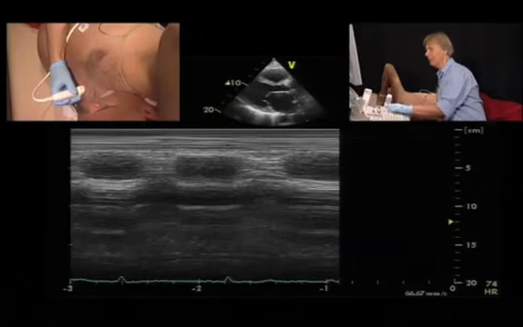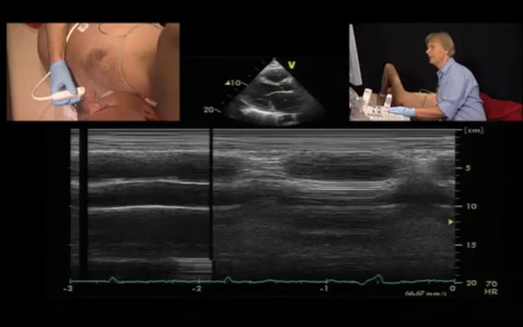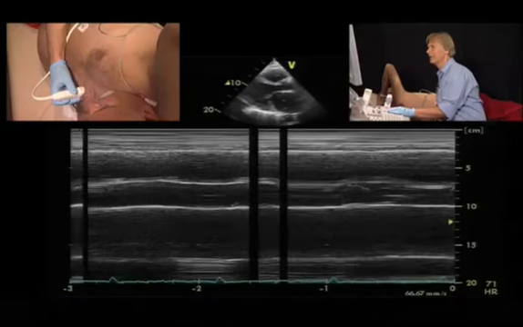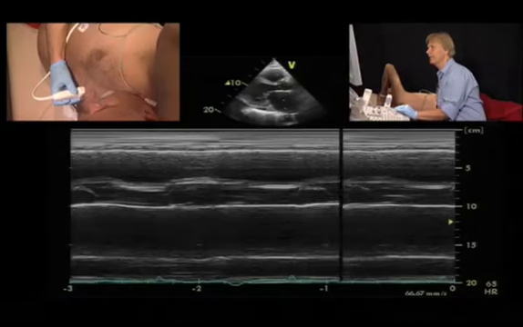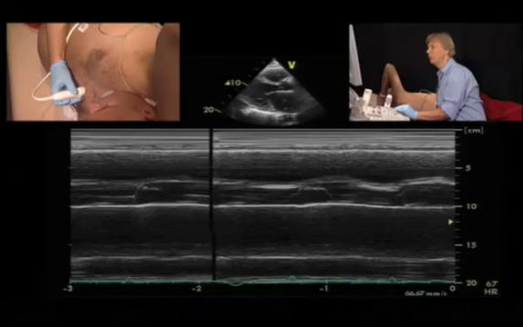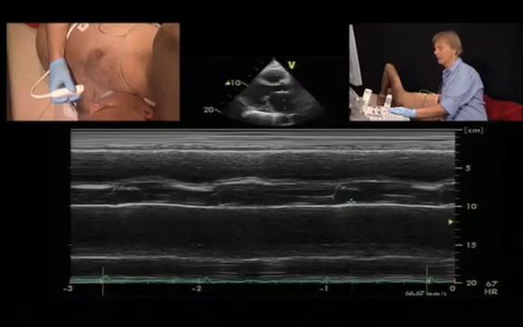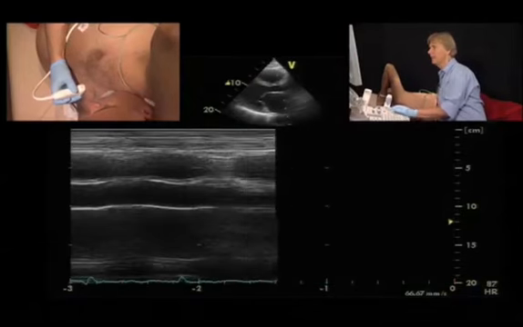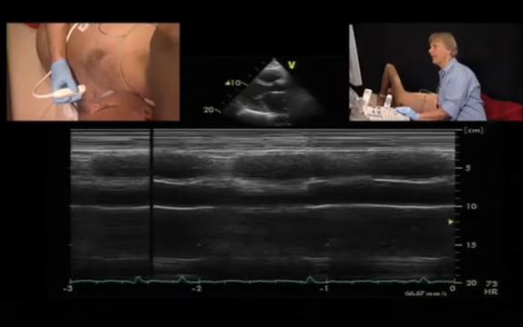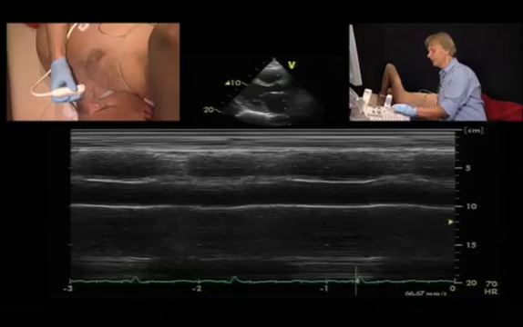If you take a look at the aortic valve, we can place an M-mode through the valve. You can see that there seems to be almost premature closure of the valve. There's a slope here, which means we don't have a very high cardiac output. What else you can see in the M-mode is we have an aortic root which hardly moves, so there are no large excursions.